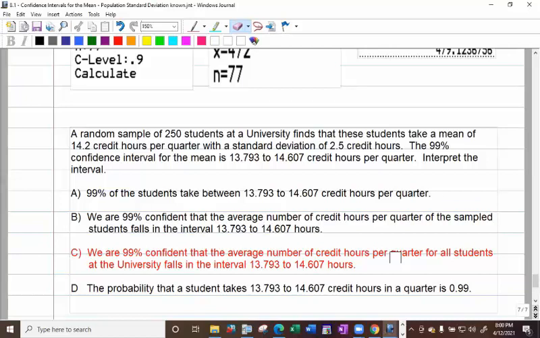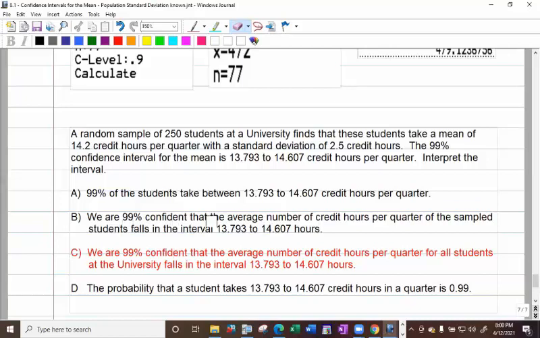We're measuring a mean. That's the key. We're not measuring proportions, and we're not measuring the probability of a single student. We're measuring the population average, all students. Does it fall in that interval? So let's look at B, and then we're going to see why C is right, because they're close.